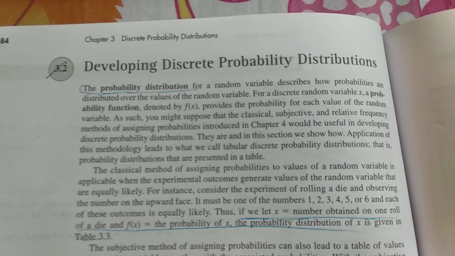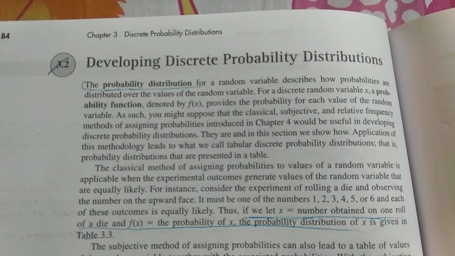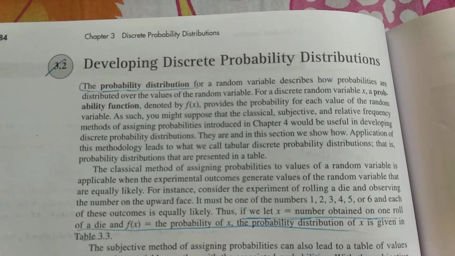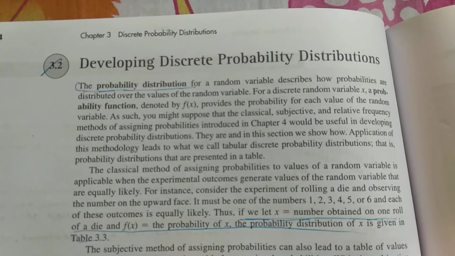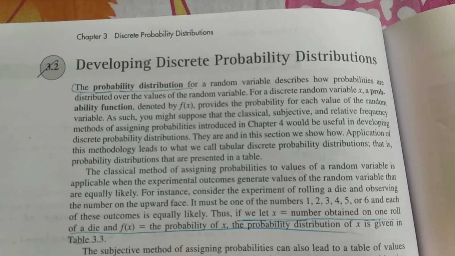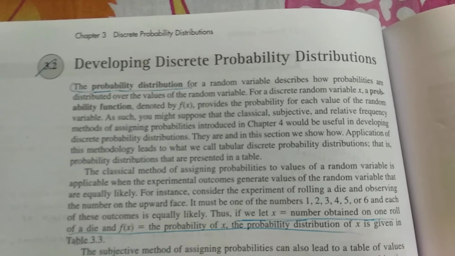Let's consider the experiment of rolling a die and observing the number on the upward face. It must be one of the numbers 1, 2, 3, 4, 5 or 6.